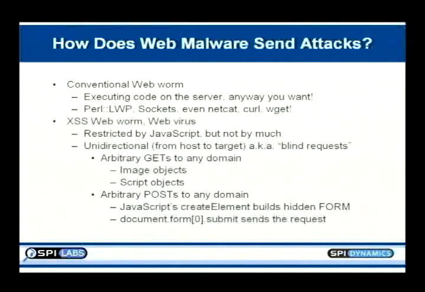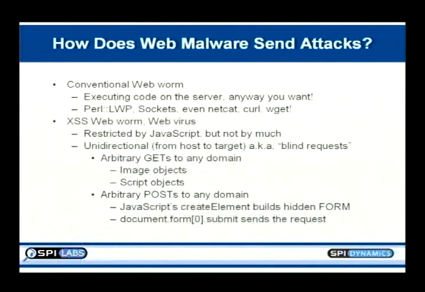In Perl, it's literally like user agent equals give me a new user agent, get this URL. It's ridiculously easy to send HTTP requests in Perl. I could use sockets. I could even use netcat, curl. I could even shell out and use wget to send my attacks. So I can basically do anything I want with a web worm to propagate it.